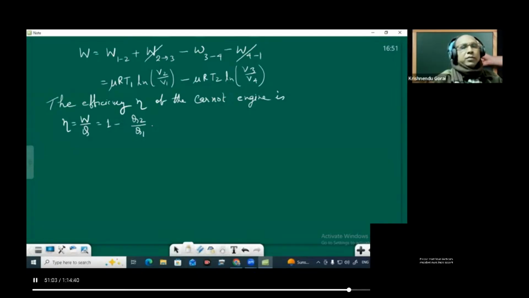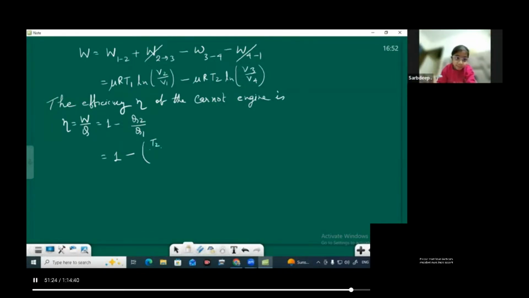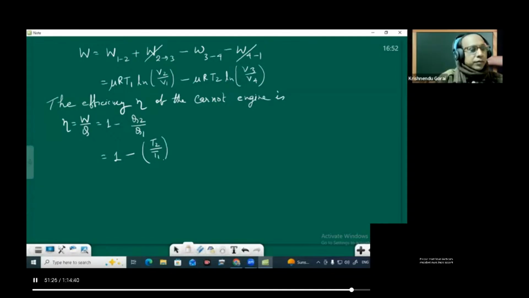Right? I will find this one. This can be found out in this way, that is 1 minus Q2 by Q1, which is T2 by T1 into ln V3 by V4 divided by ln V2 by V1.